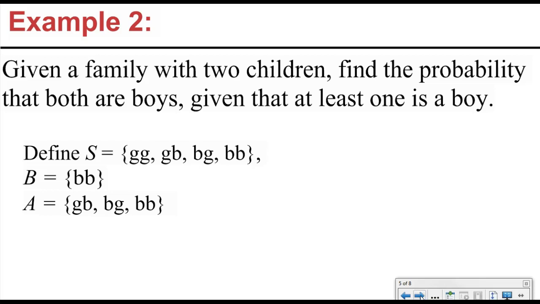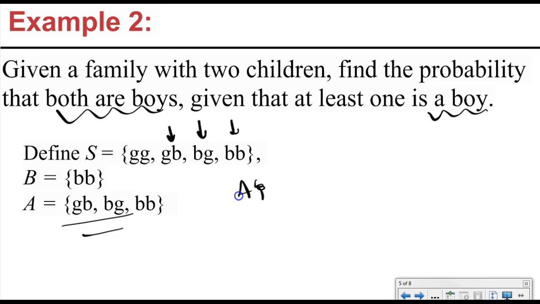Given a family with 2 children, find the probability that both are boys, and you're told that at least one is a boy. So if I know how many of these already have a boy in them, there's 3. I've identified that as my sample space. So probability of A and B, and then my given goes on the bottom.